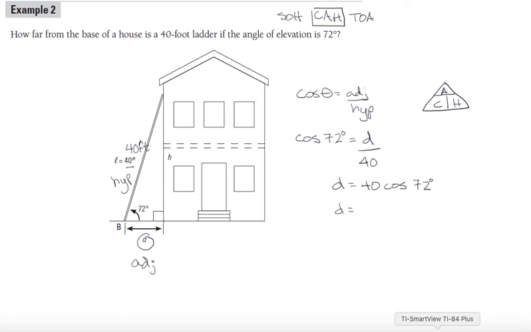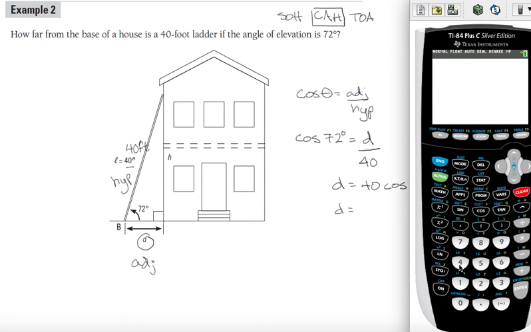So D is equal to 40 times the cosine of 72 degrees, which equals 12.36. We've been doing one decimal place, so let's go one decimal place just because that's what we've been doing throughout the book. So it would be 12.36.